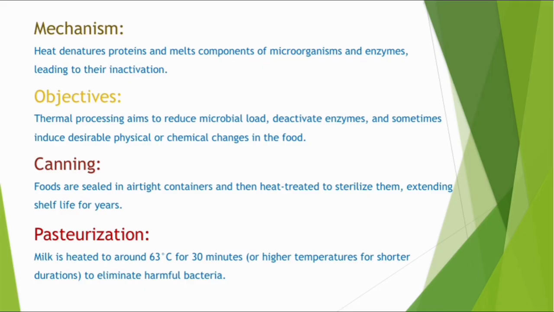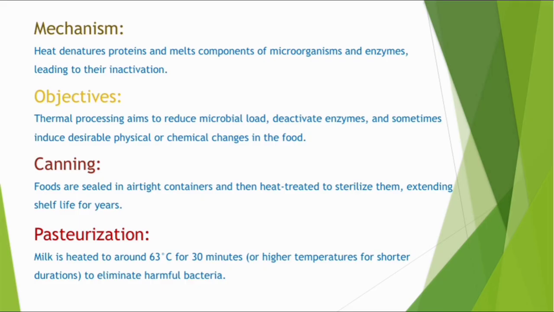One common method is canning, where foods are sealed in airtight containers and then heat-treated. This sterilization process ensures that the food remains safe and preserved for years, sometimes even decades, if stored properly. Another key technique is pasteurization, especially for liquids like milk.